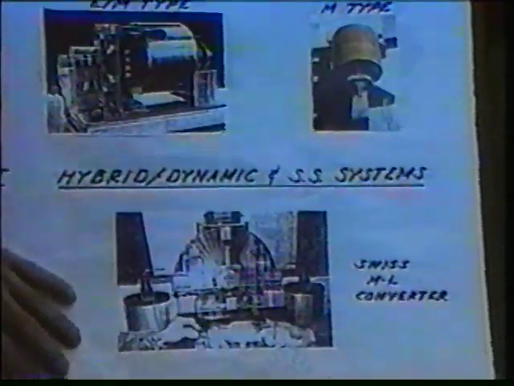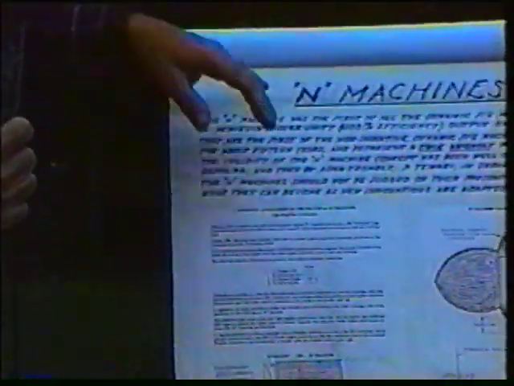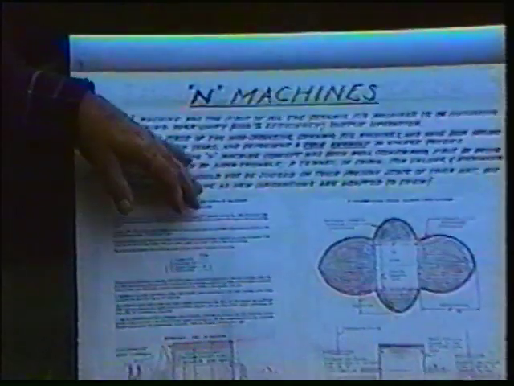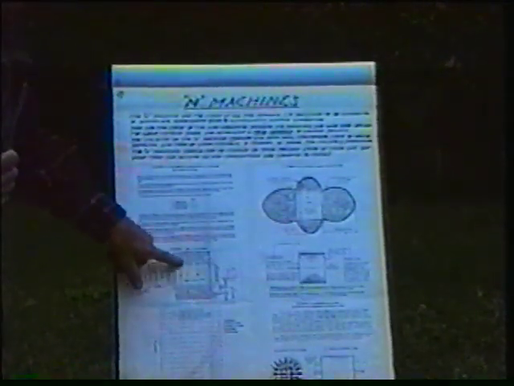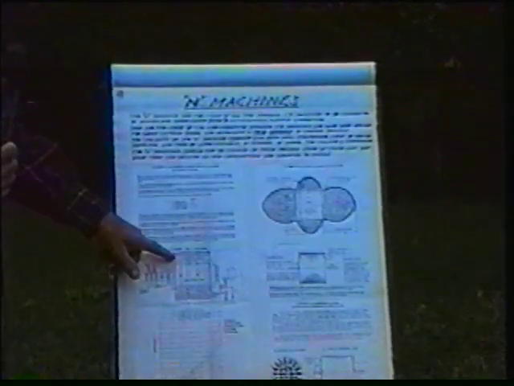Now, I'll start going into detail on the mechanical N machine. There again, you see I've got these two columns, one showing the EM type, which has the windings, which produces a magnetic field.